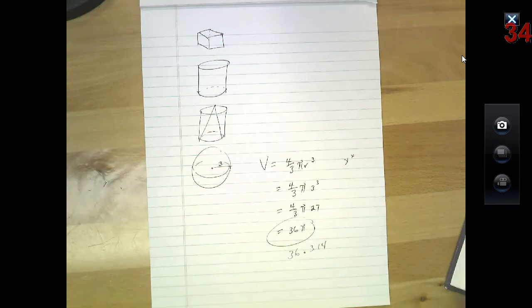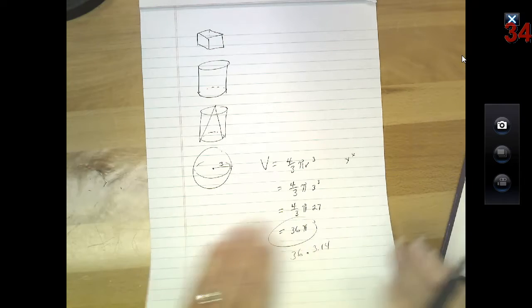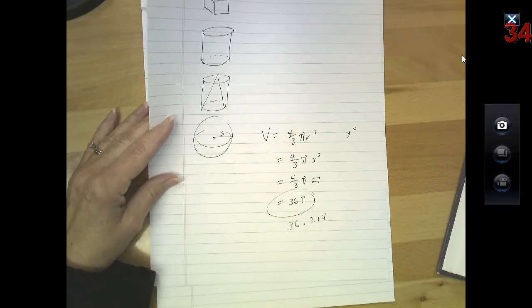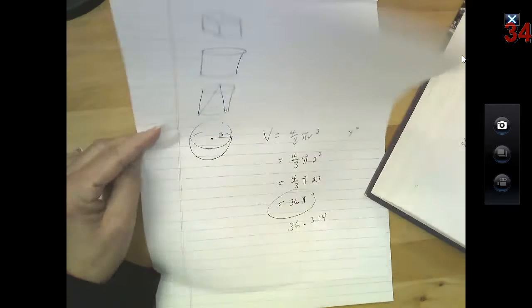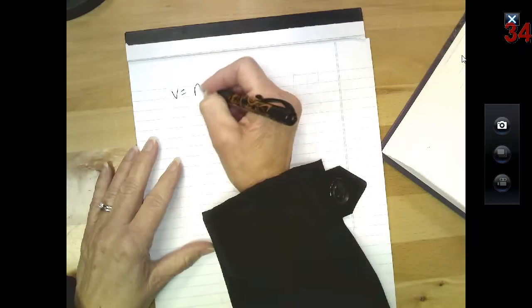Okay, now the next thing are prisms. Okay, prism, we're not going to do the part on Euler's polyhedron formula, so don't even look at that. But the volume of a prism we are doing. Okay, so the volume of a prism is the area of the base times the height.